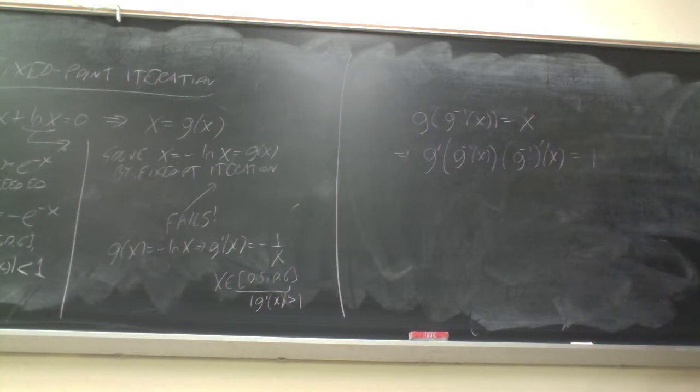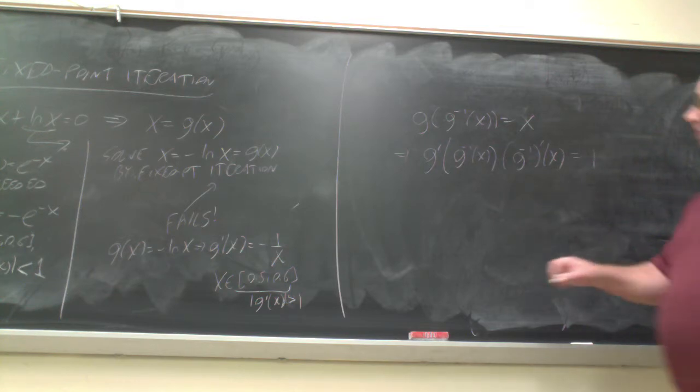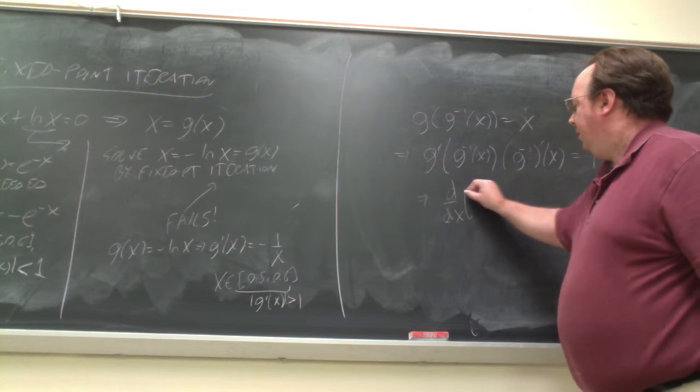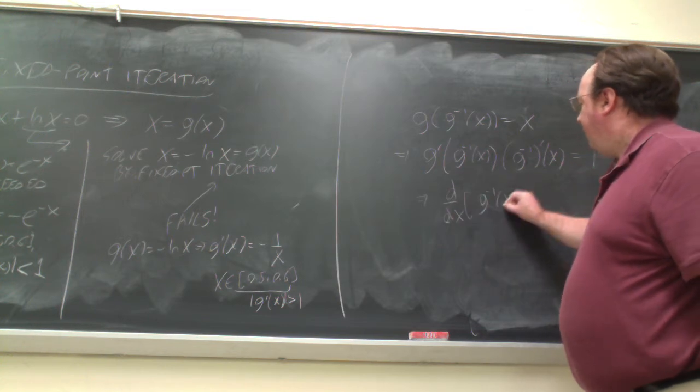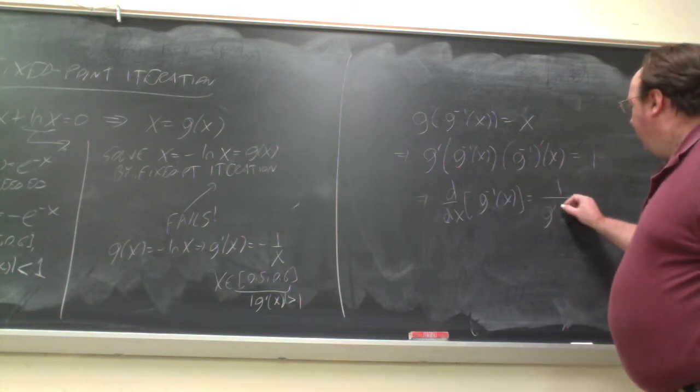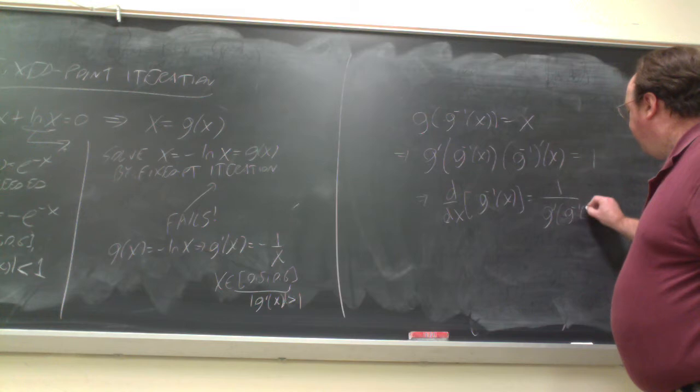Now I can just rearrange this and solve for the derivative of the inverse. The derivative of the inverse is 1 over the derivative of the original with g inverse of x plugged in.